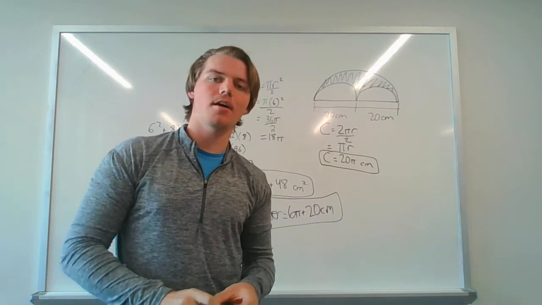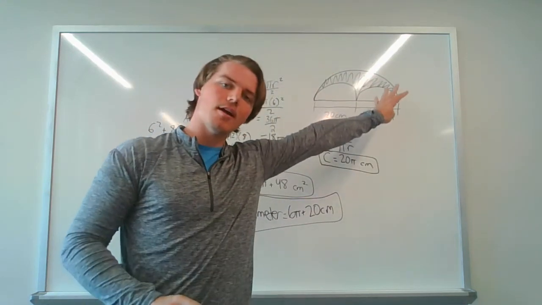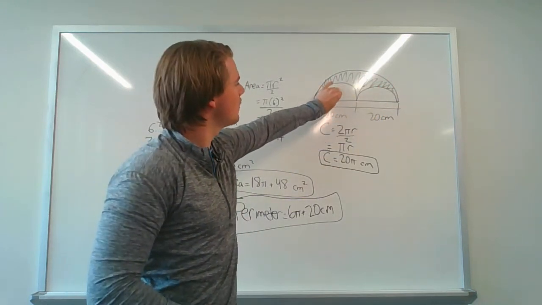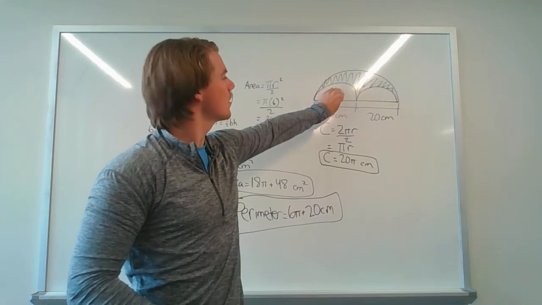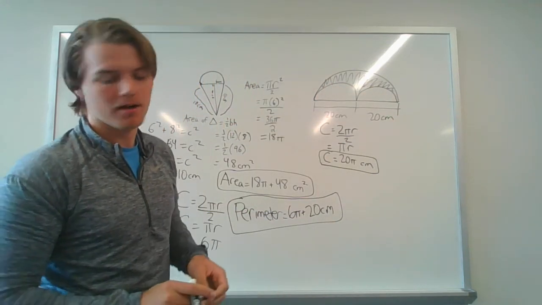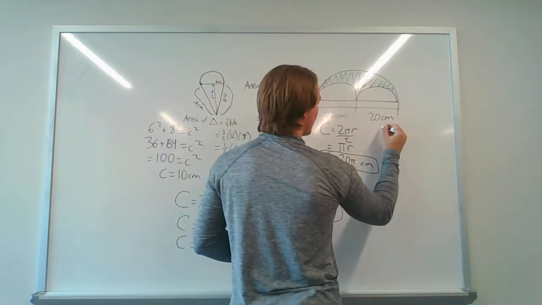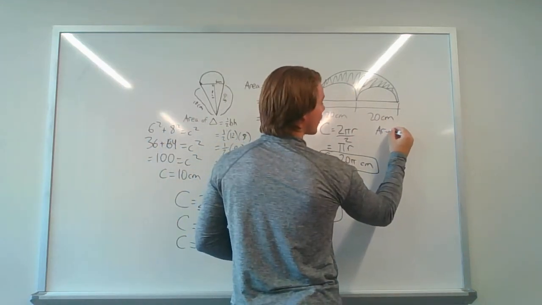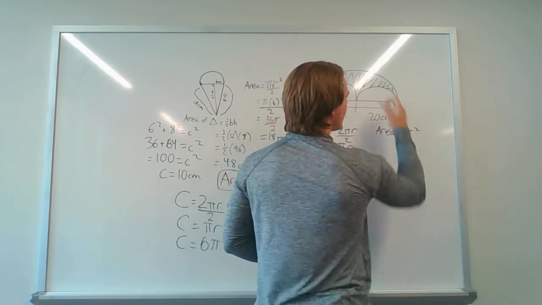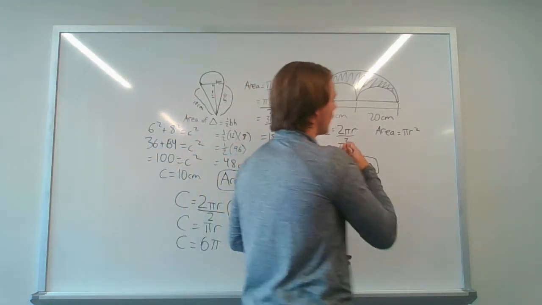Now, the area of each circle. First, we want to find the entire area of this semicircle, and then we can subtract each smaller semicircle and find the complete area. For each smaller semicircle, the area is pi r squared divided by 2. We've done a lot of that today, a lot of semicircles.